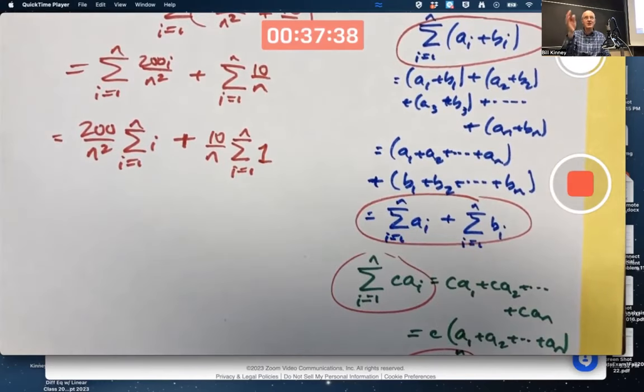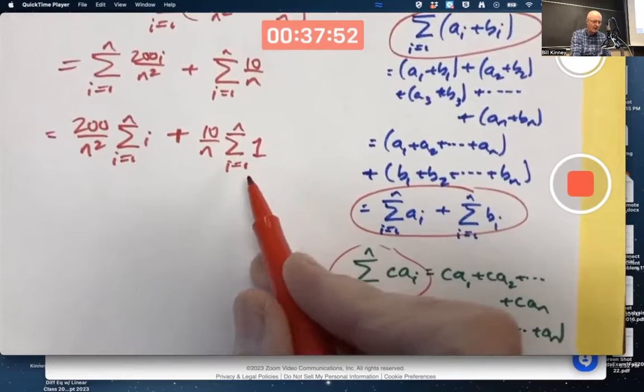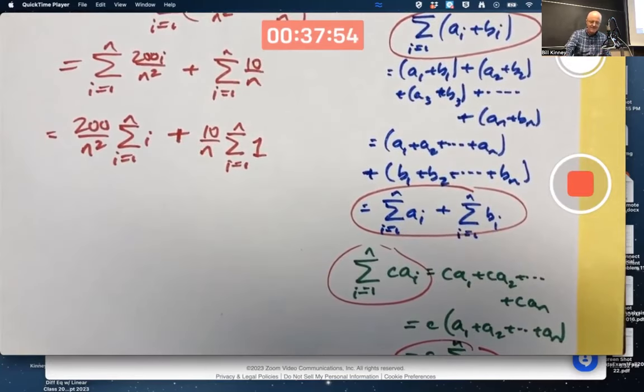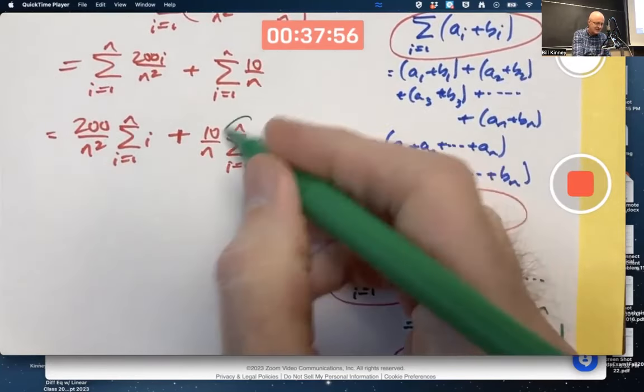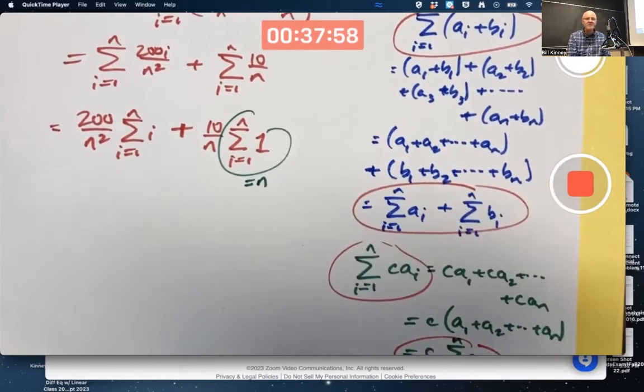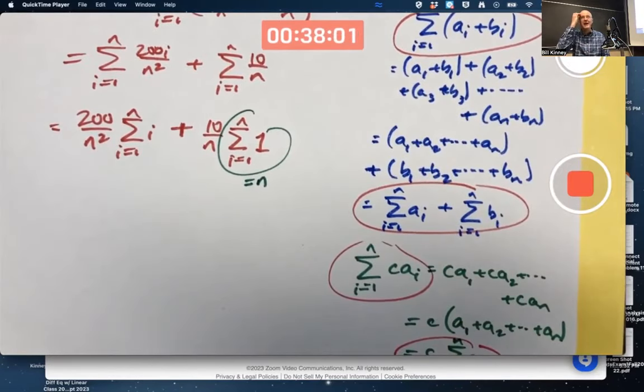I've got a bunch of 10 over n's being added together. n 10 over n's, in fact. Each can be factored out and get a 10 over n in front with a bunch of 1s, n 1s. Yeah, I'm adding up n 1s. That's just n. If I add up n 1s, I get n, right?